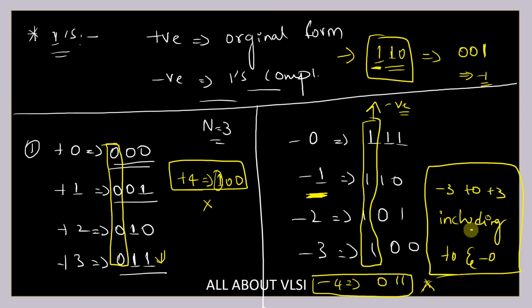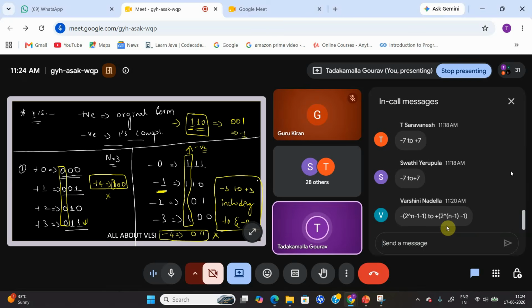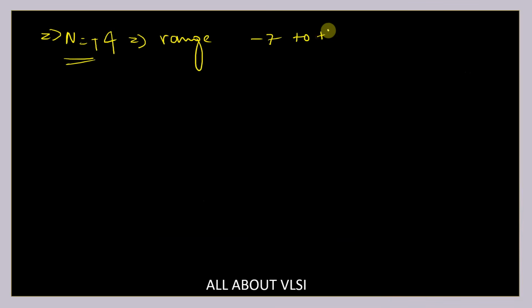So this is the range of numbers which you can represent for n is equal to 3, that is from -3 to +3. And let's say suppose if n is equal to 4, again the range of numbers you can represent is from -7 to +7.